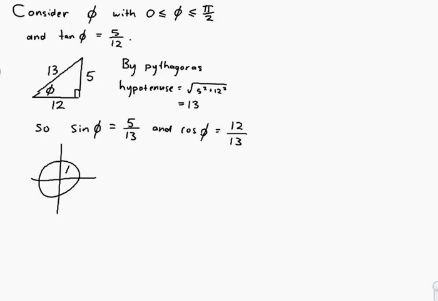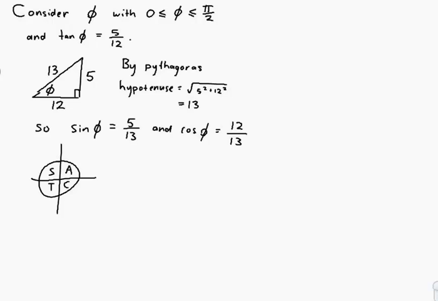I find it easiest again to draw a unit circle. So there's the unit circle, there's the y-axis, and there's the x-axis. And I can write A, S, T, C to mean that all of sine, cos, and tan are positive in the first quadrant, sine is positive in the second, tan is positive in the third, and cos is positive in the fourth.